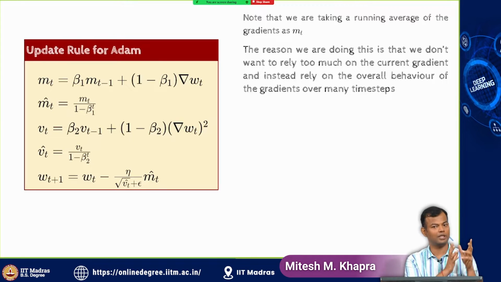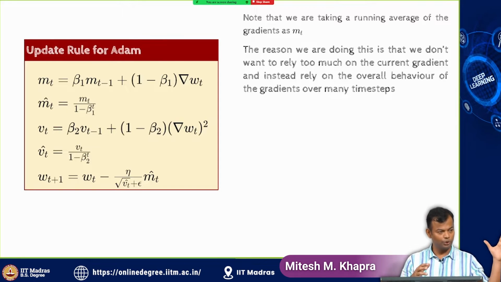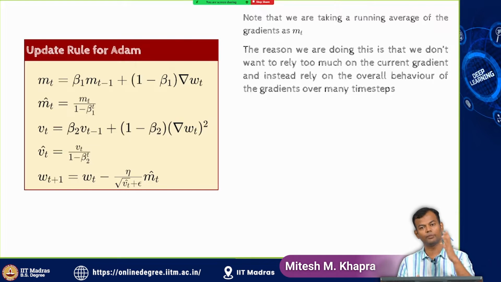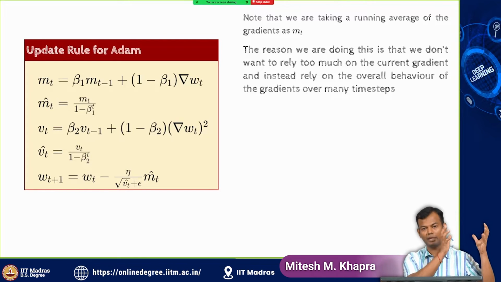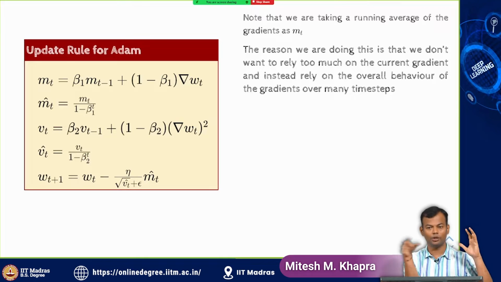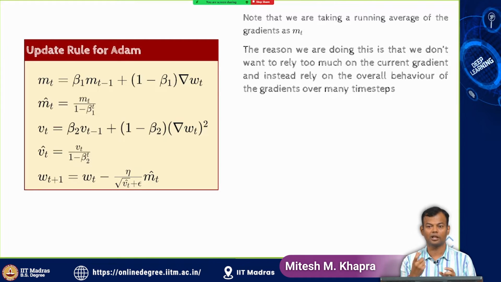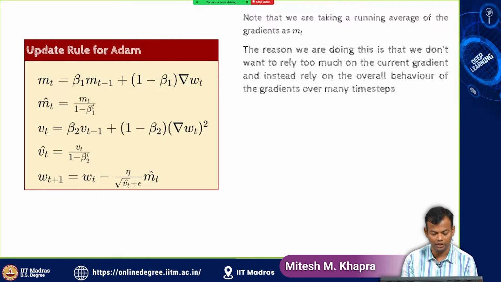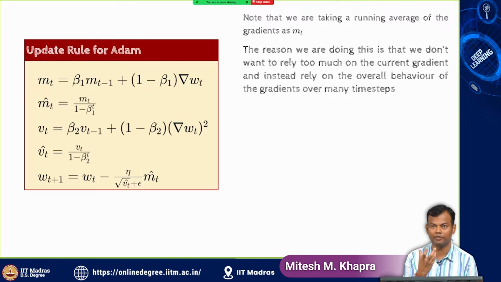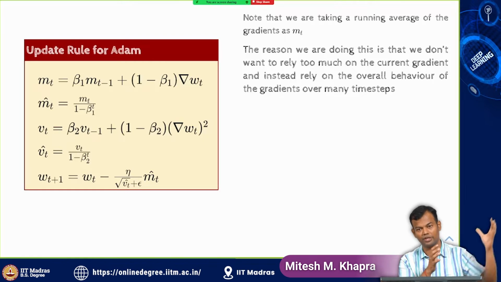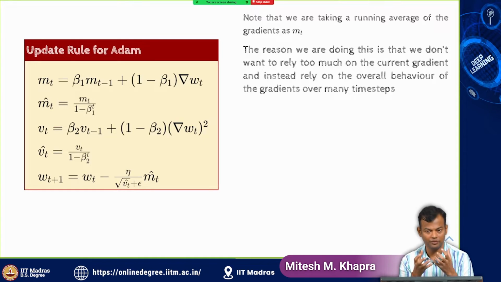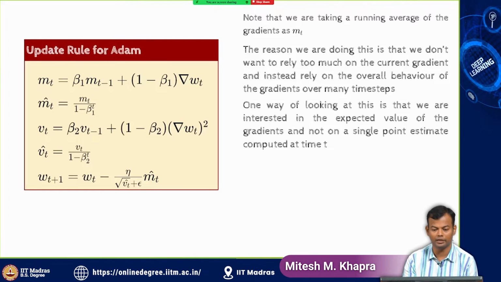This is the same explanation as we have in momentum, where you want to keep looking at the history. If I'm constantly moving in a direction, then I want to keep some weightage for the history also, and not make sudden movements based on just the current derivative, right? So that's why you have this exponentially weighted average, so that you have more weightage for the history, because history has accumulated over time, and less weightage for the current gradient.